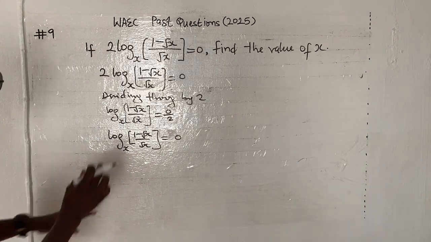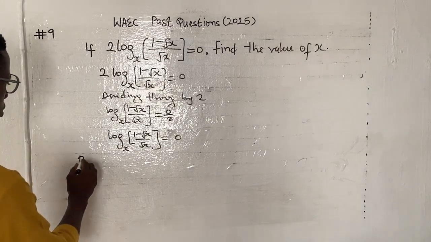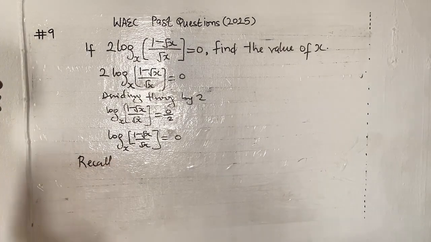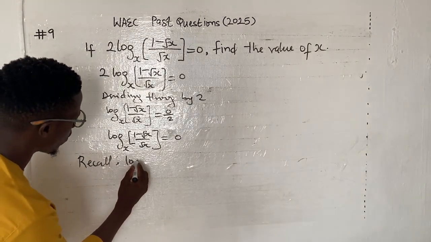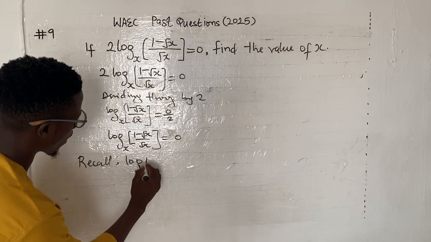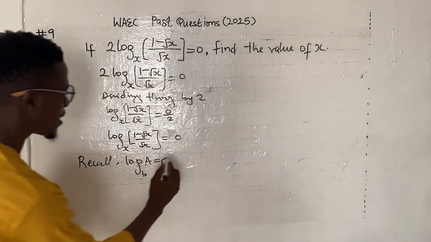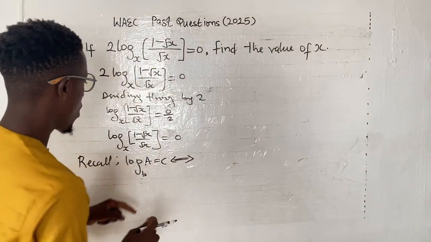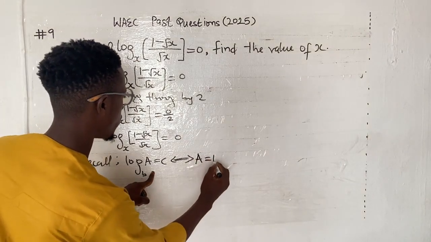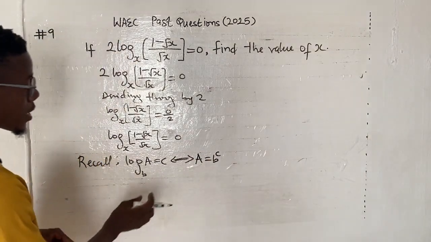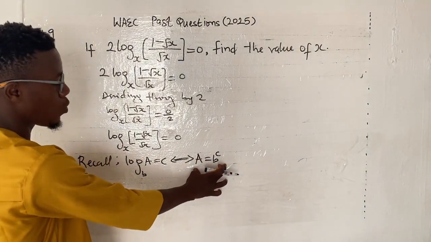But from here, to remove the log so that we can find our x easily, you need to recall this logarithmic identity that says if you have log A equals to C to the base of B, you can rewrite it as A equals to B raised to power C. So in this case, we've been able to remove the logarithm and rewrite it as a normal mathematical expression.